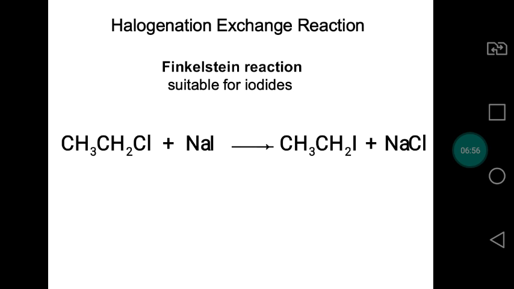Like here we can get iodoalkane from chloroalkane. Vice versa is not possible, as the salt formed is more stable. Like here NaCl is more stable than NaI. That's why this reaction occurs, and it is known as the Finkelstein reaction. It is also known as halogen exchange.